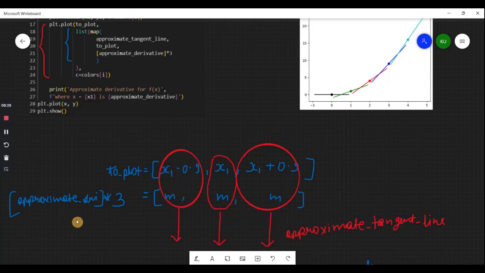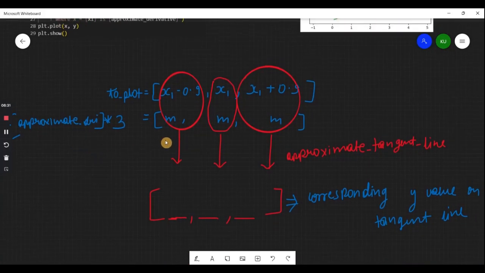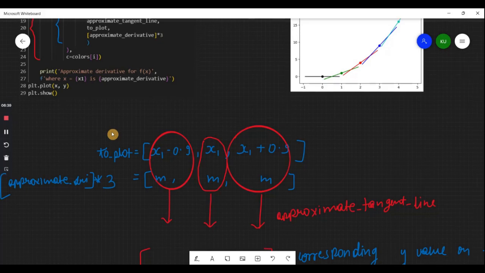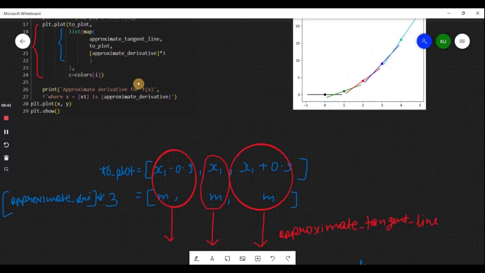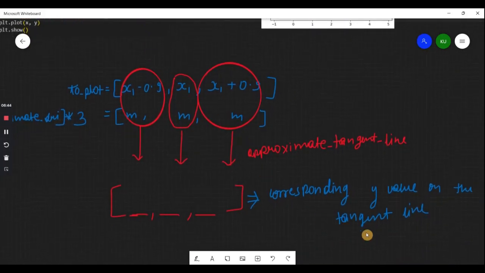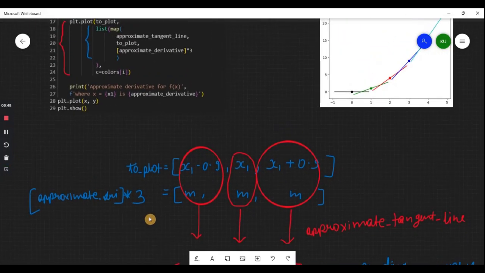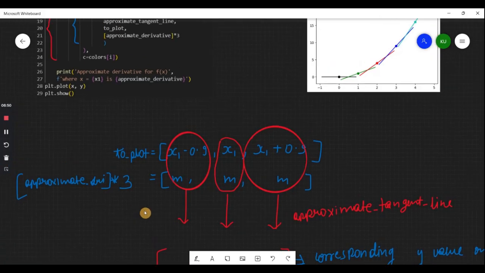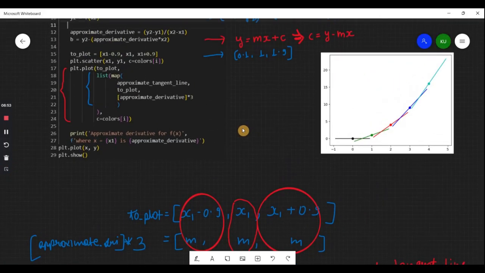So overall the map function will generate a new list which will be the returned values of the approximate tangent line function. And the overall second argument of plt.plot is the corresponding y values on the tangent line. So overall plt.plot is joining 3 points to draw our tangent line.